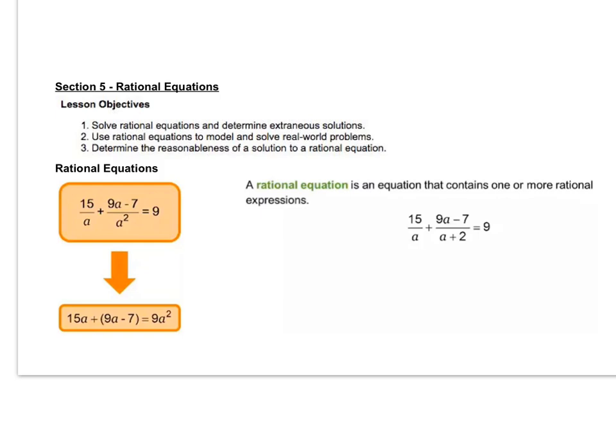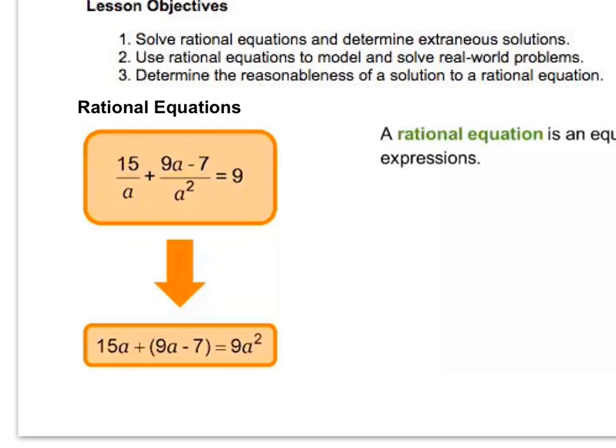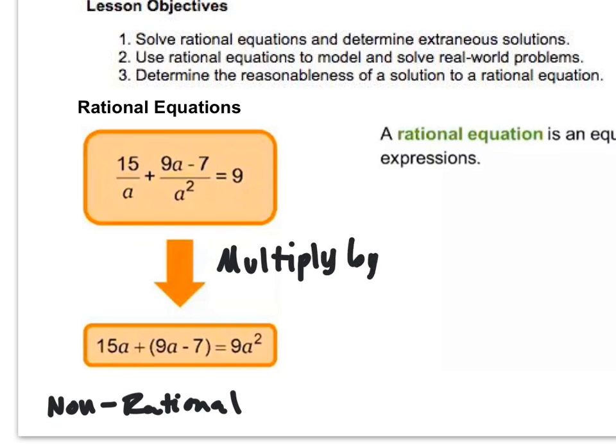And so let's just go ahead and talk about something here real quick. One of the things that we can do to solve rational equations is, in order to take something from a rational equation to a non-rational equation, okay, so this is a non-rational, in order to go from this step to this step, we multiply by the common denominator.